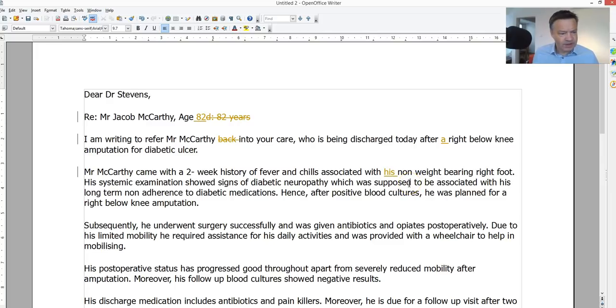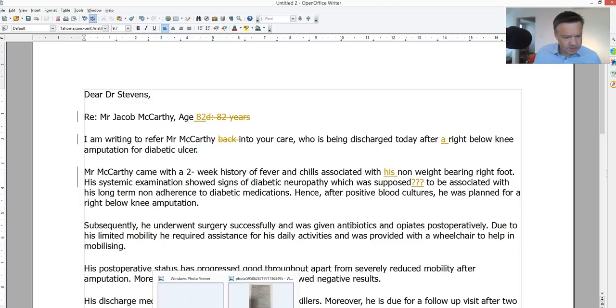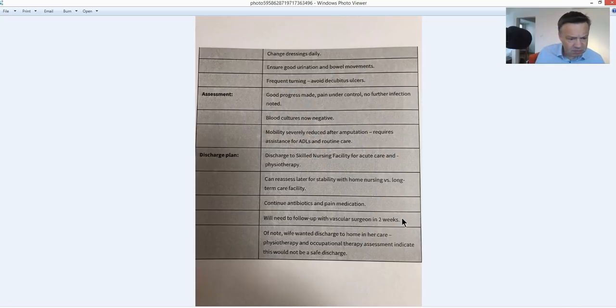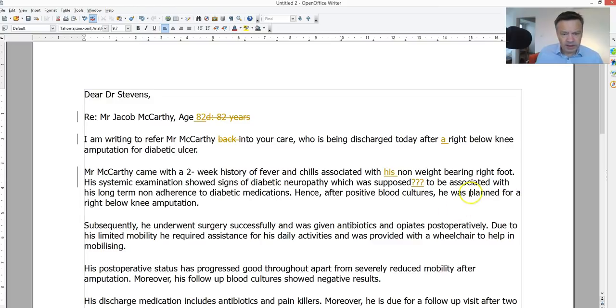Which was associated with. I don't know about supposed to be. Have a look. Is anything about supposedly? So, get rid of that: which was associated with his long-term non-adherence to diabetic medications.